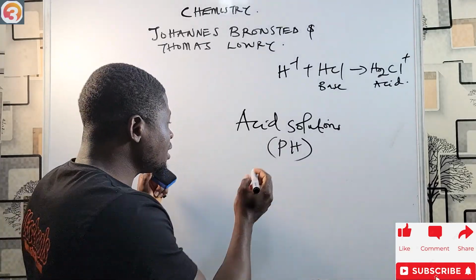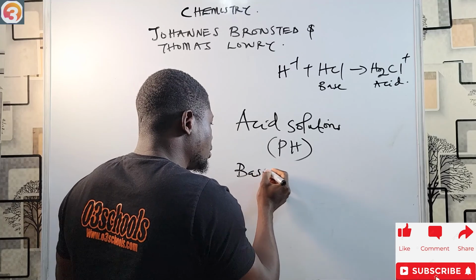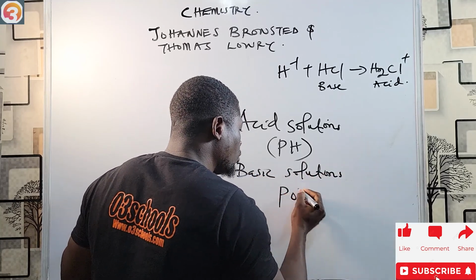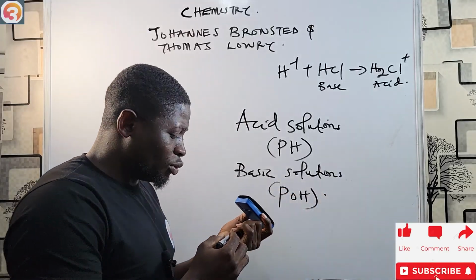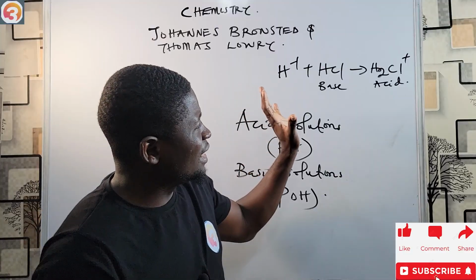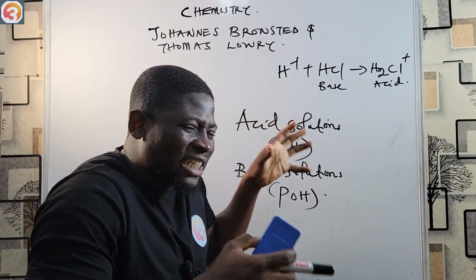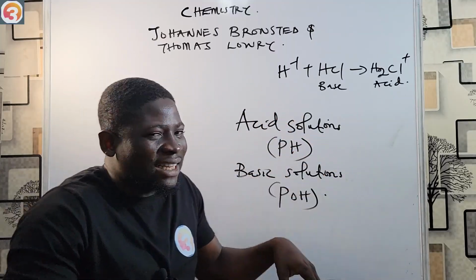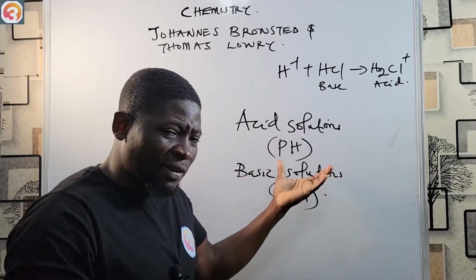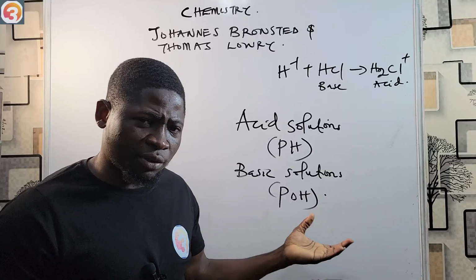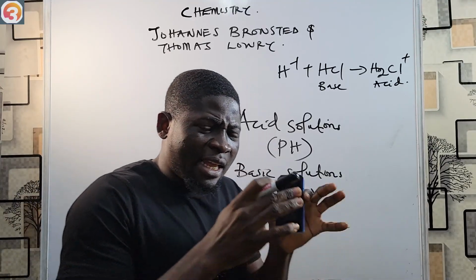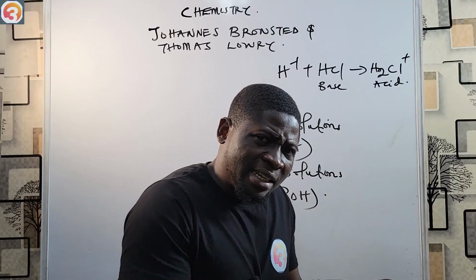Also, basic solutions have what we call pOH, to also show their concentration. So that is why we're saying that an acid has a basic character. That means an acid can act as a base, and no wonder acid solutions have pH values, while base solutions have pOH values.